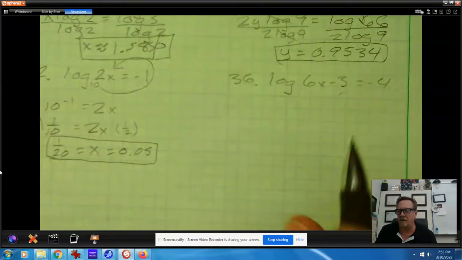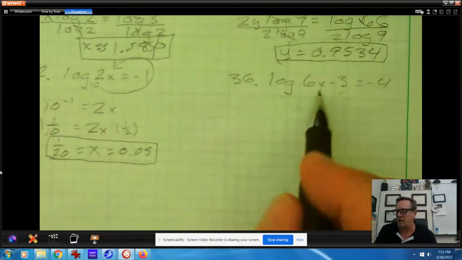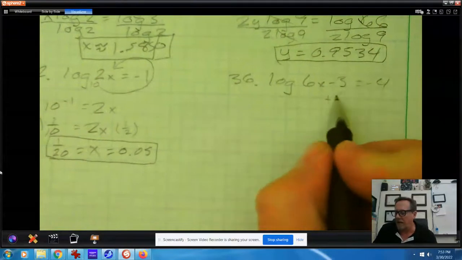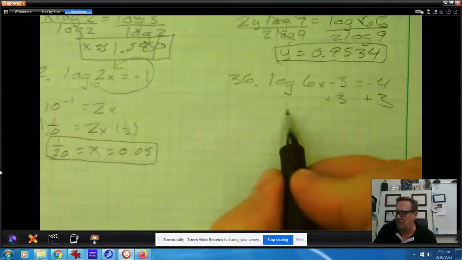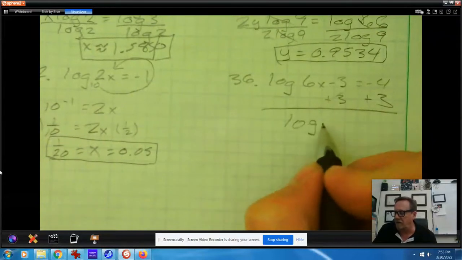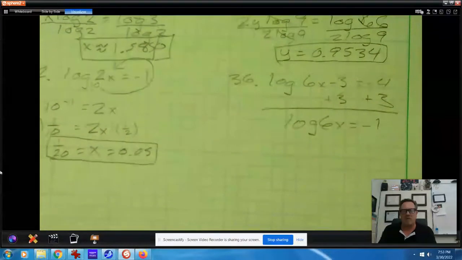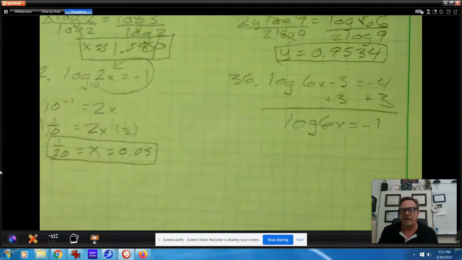It's a number that we have to do an operation with the log from. So we'll add 3 to both sides to do that. That's going to leave us with the log of 6x is equal to negative 1. Now, once we've cleared away the bushes from the logs, we can go fishing.